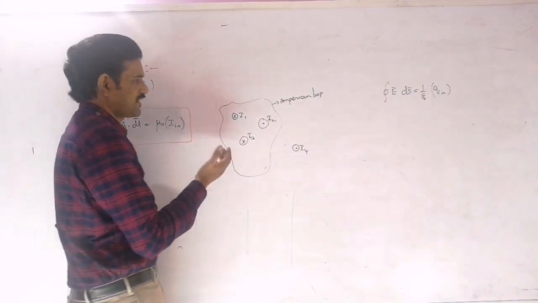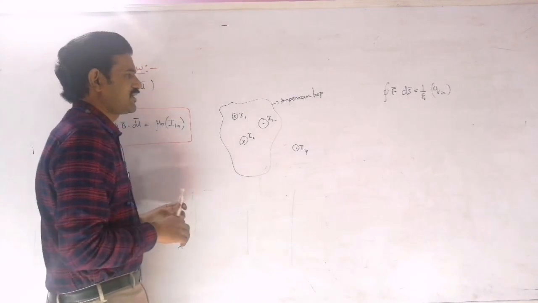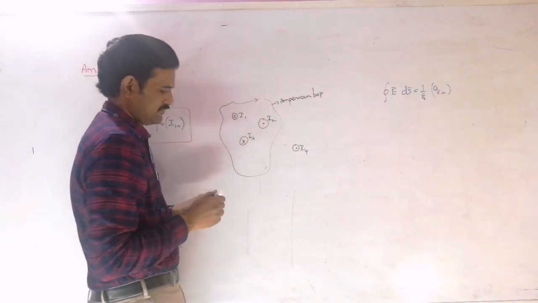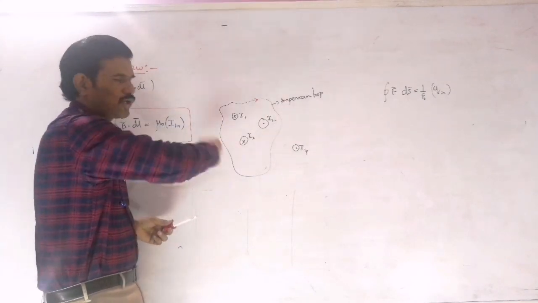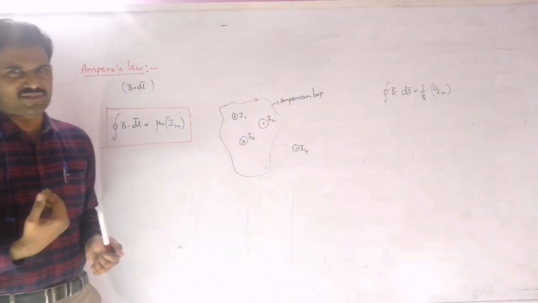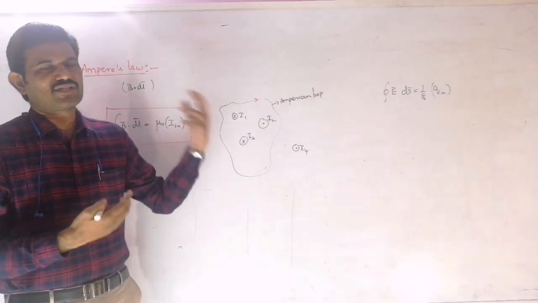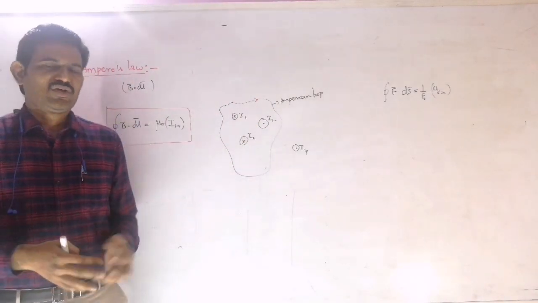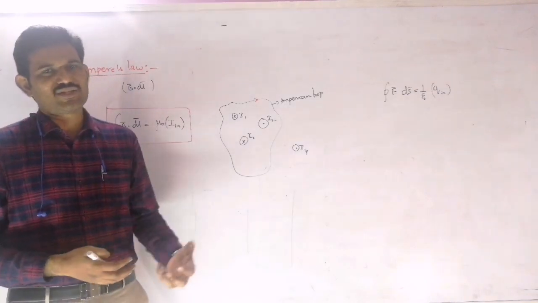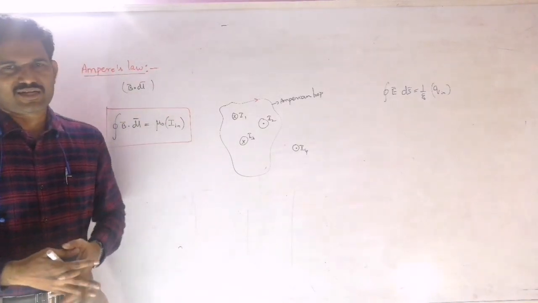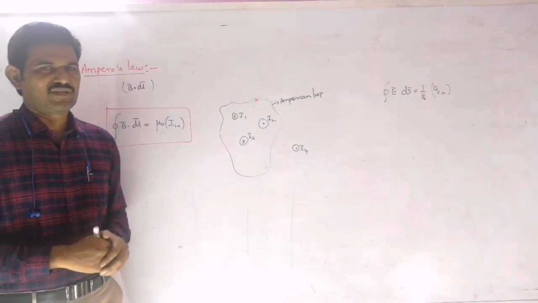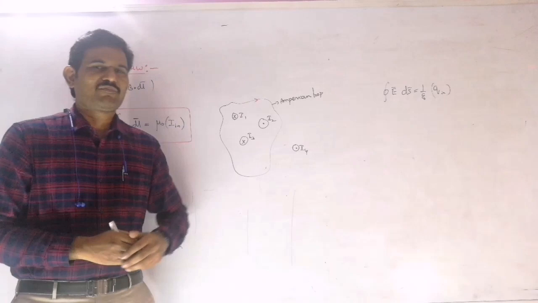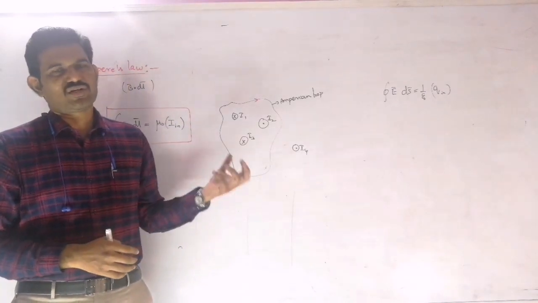Now here, for example, if I take the integration direction like this, that means integration is carried out in the clockwise direction. That is your choice. Whether we take the integration in the clockwise sense or anti-clockwise sense is purely your choice. And according to that choice, that means your direction of integration, you need to decide which current is positive and which is negative.